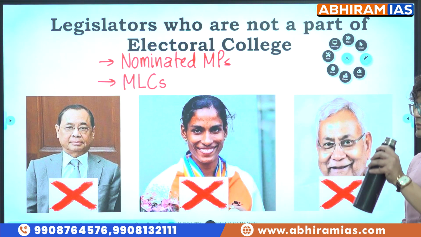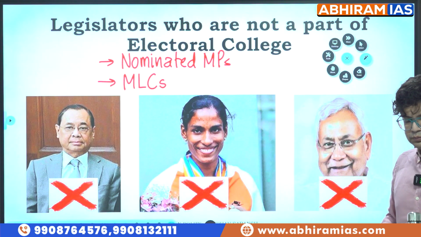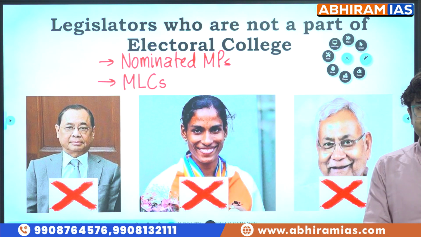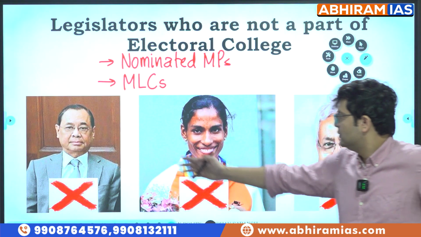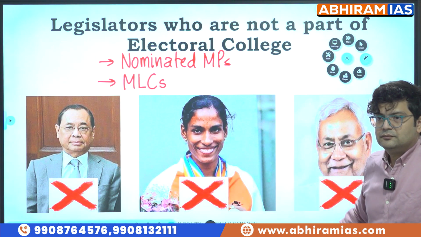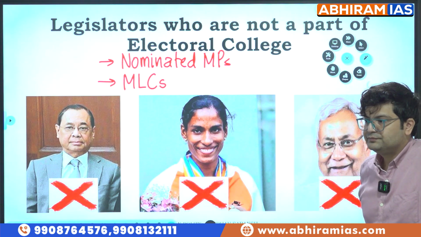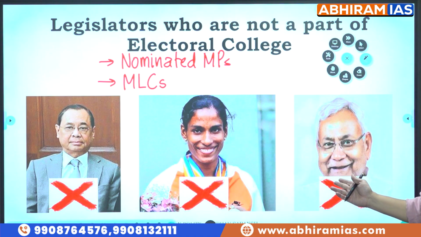Who is that person? Any idea? Former Chief Justice of India, Justice Ranjan Gogoi. This one, you know this lady? Oh, P.T. Usha. This person is always in the news for weird reasons nowadays: Nitish Kumar, the CM of Bihar.